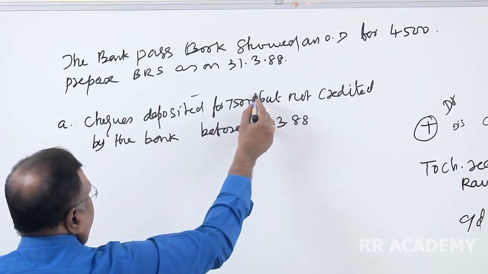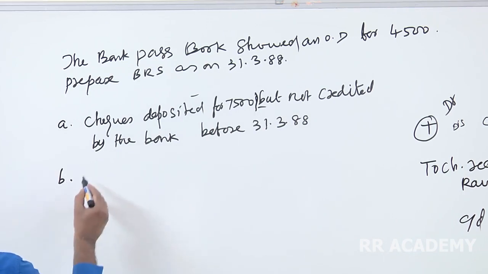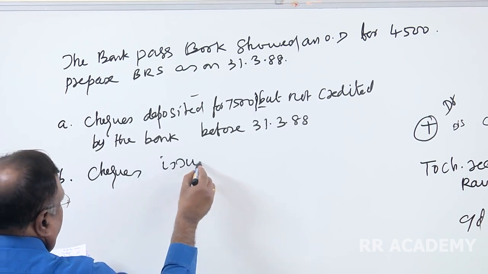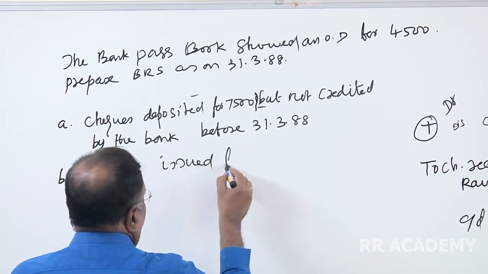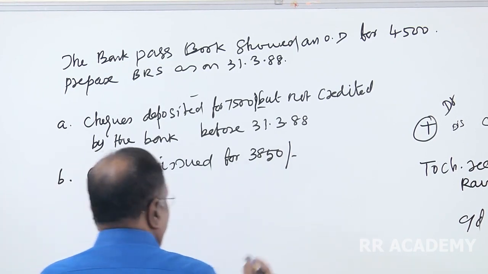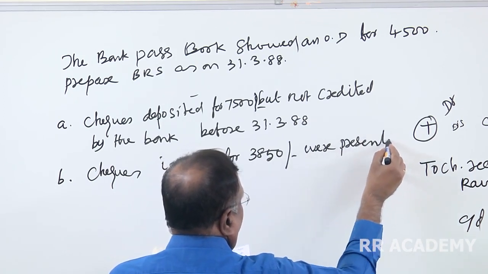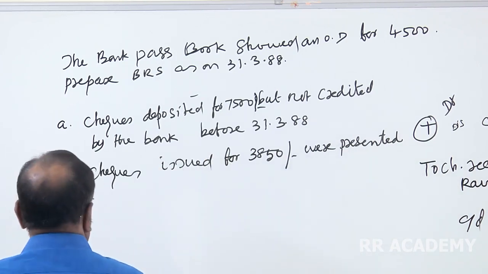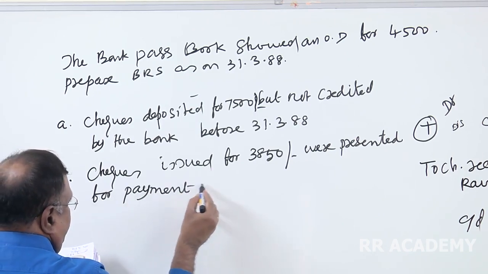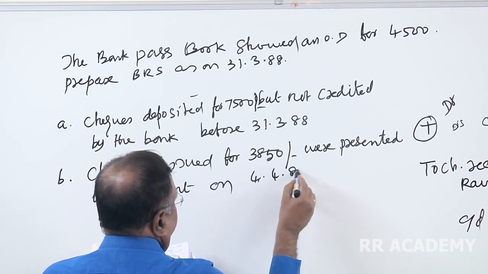Yes, I have given 7,500. B. Checks issued for 3,850 were presented for payment on 4/4/88.